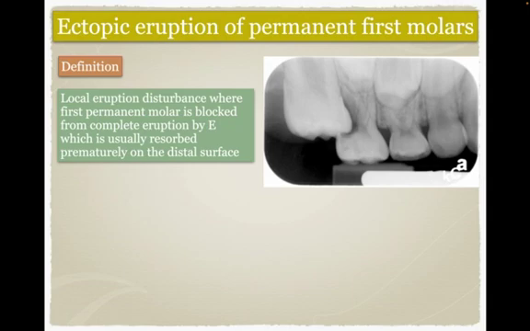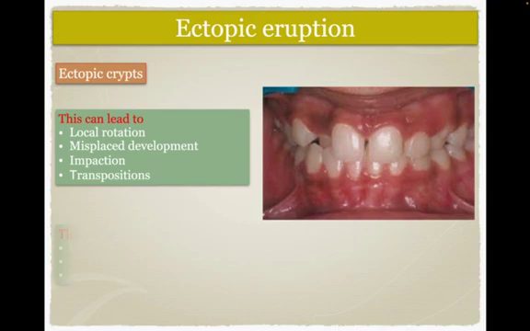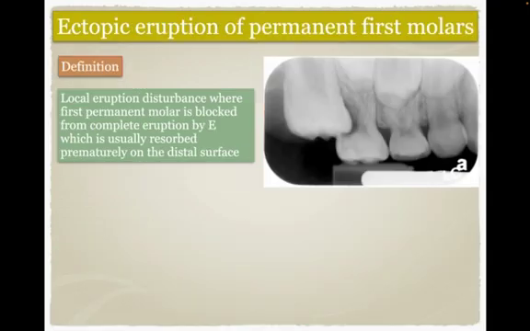I was talking about the ectopic eruption. I mentioned now the ectopic molars. So that's a kind of ectopic eruption. So what is an ectopic permanent first molar? As you can see in the radiograph here, it's a local eruption disturbance where the first permanent molar is blocked from complete eruption by the E, which is usually resorbed on the distal surface.